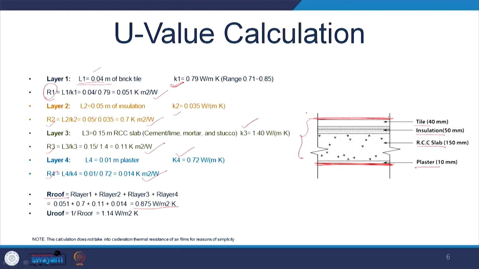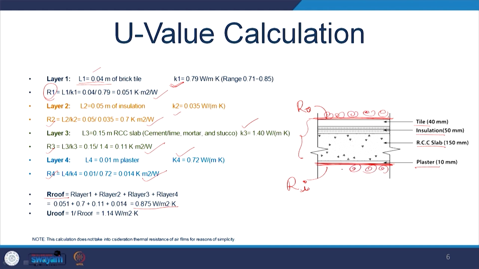Whenever we are calculating the overall resistance offered, we would also consider R0 and Ri. This is R outside, the resistance offered by air outside, and Ri, the resistance offered by air inside, and that is dependent upon the speed of the air, because small eddies are formed on the surface of this layer on both the sides.